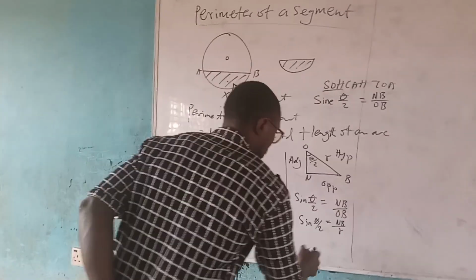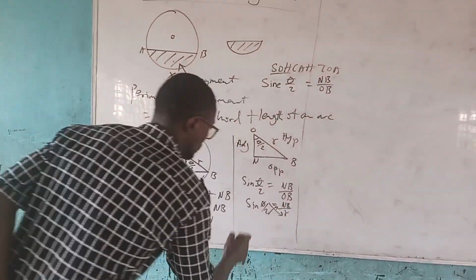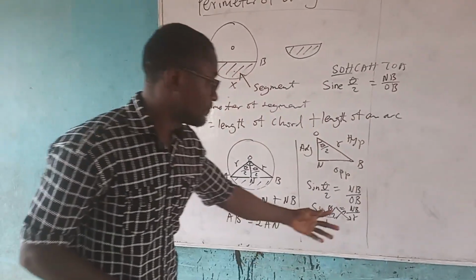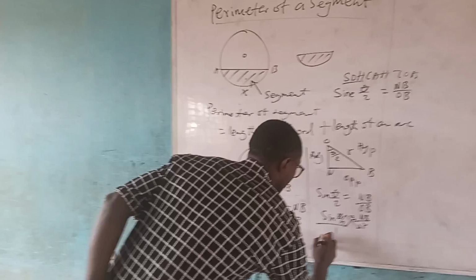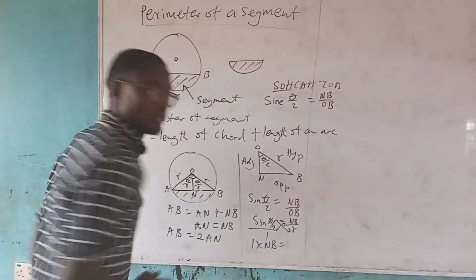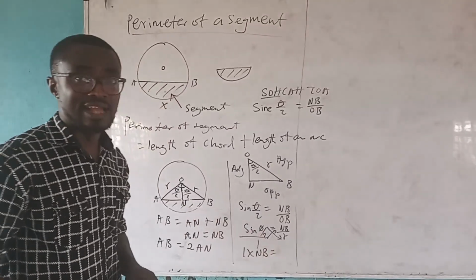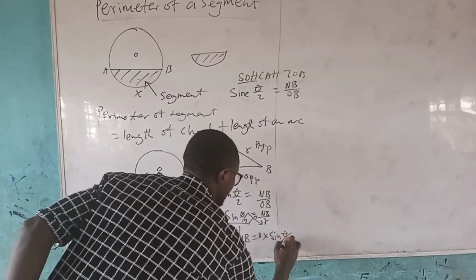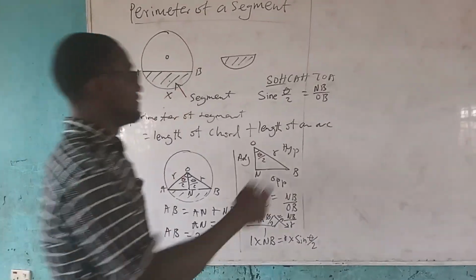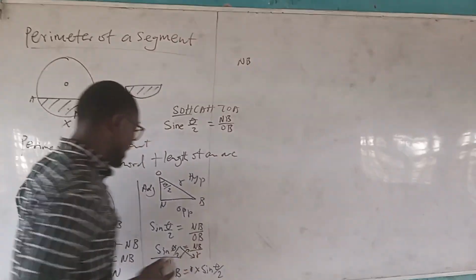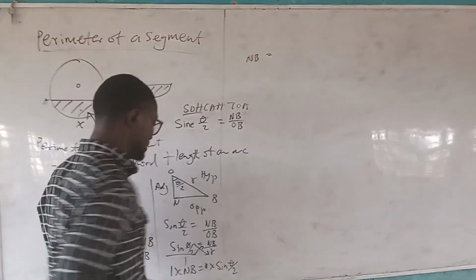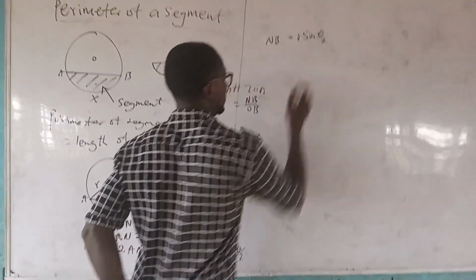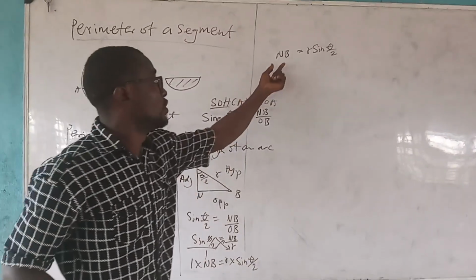You can choose to multiply, making that over 1. So by this multiplication, we will be having 1 times NB to be equal to R times sine theta over 2. 1 times NB gives us NB to be equal to R times sine theta over 2, which gives us R sine theta over 2.